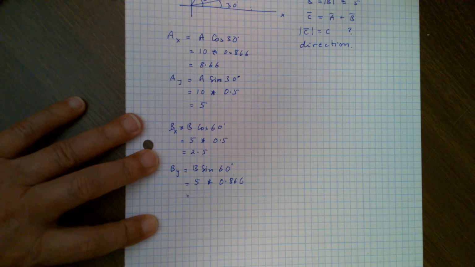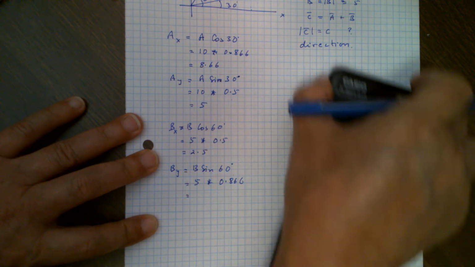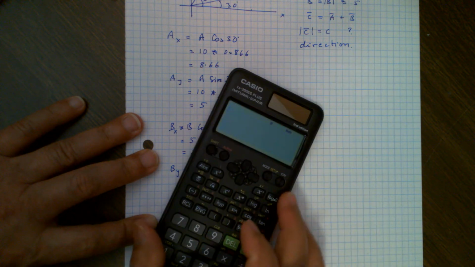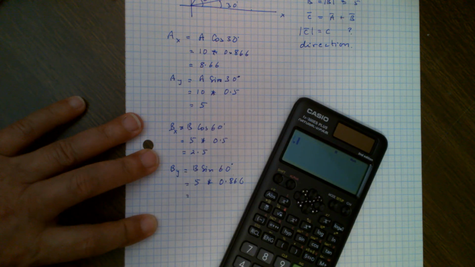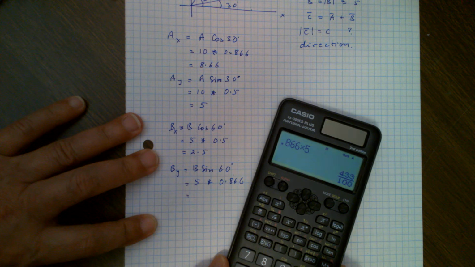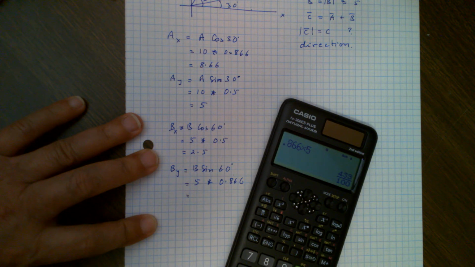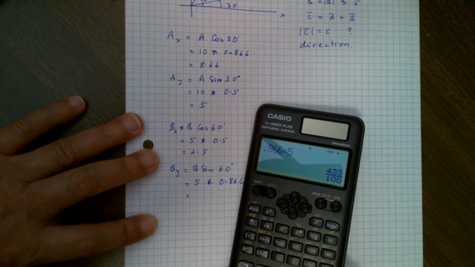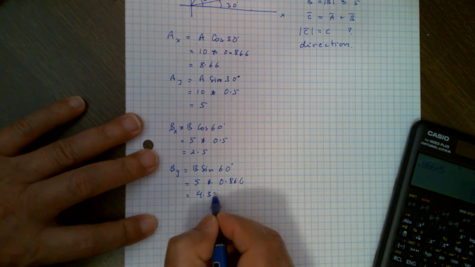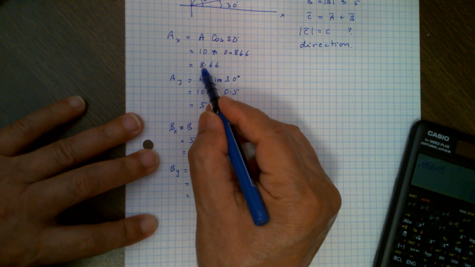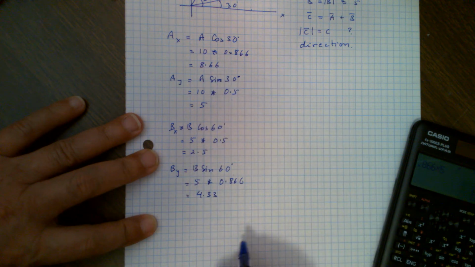You can multiply it out, but I'll just use the calculator. 0.866 times 5 will be 4.33. Actually, I can just tell from here that it'll be 4.33.